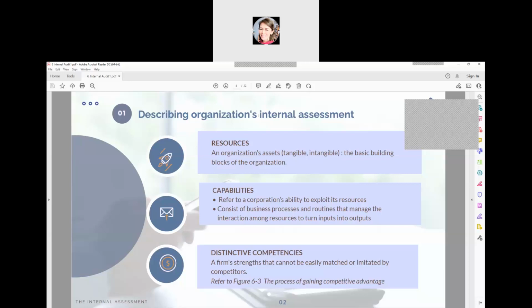Now the next one here is the distinctive competency. Of course, every organization exists actually to have a distinctive competency or competencies. So distinctive competency here, we are talking about the firm's strengths that cannot be easily matched, or cannot be imitated by competitors.